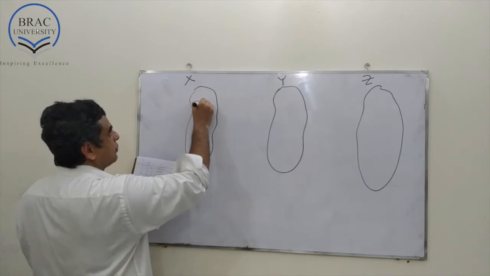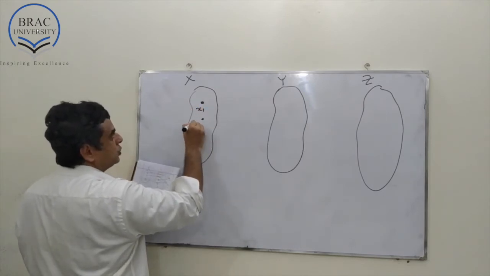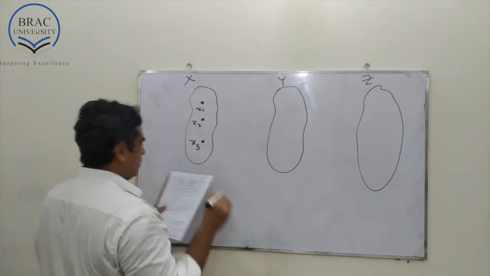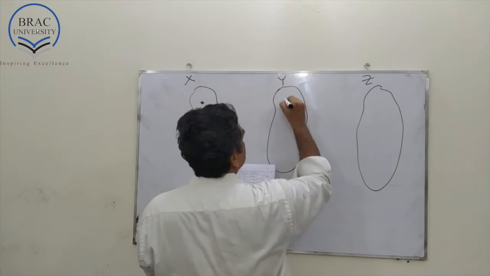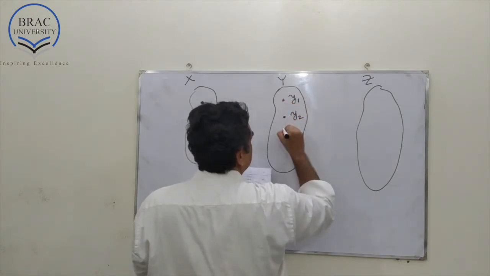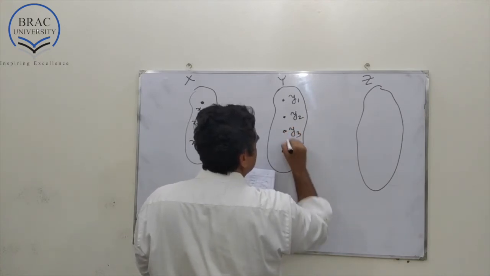Set X consists of three elements: X1, X2, X3. Set Y consists of four elements: Y1, Y2, Y3, and Y4.